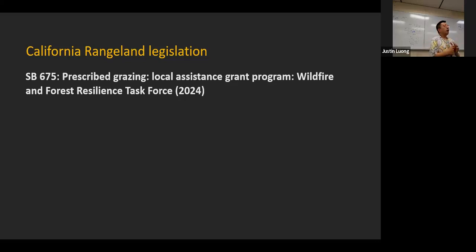And so before there was a lot more permitting, and this Senate bill is essentially meant to help reduce permitting, logistics, and potential costs associated with the leasing. Oftentimes with prescribed grazing, you actually pay the lessee to come out.